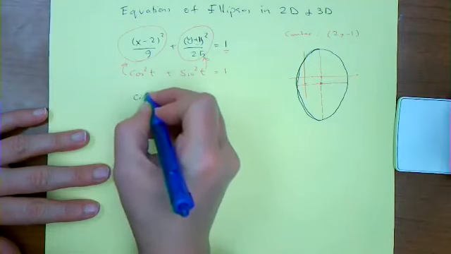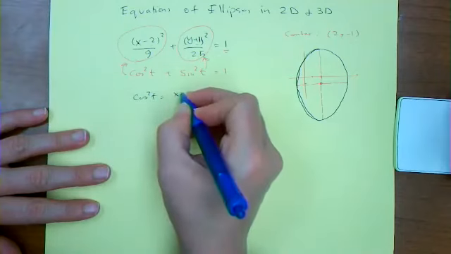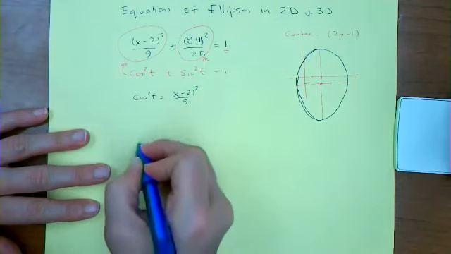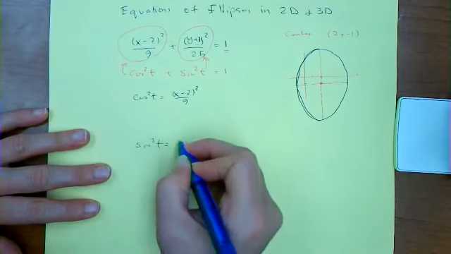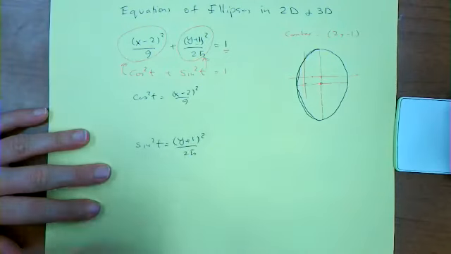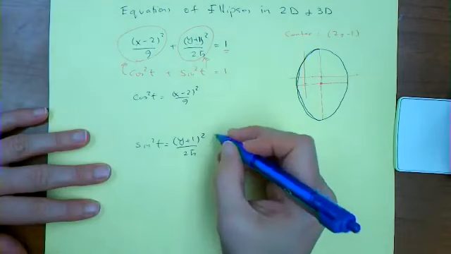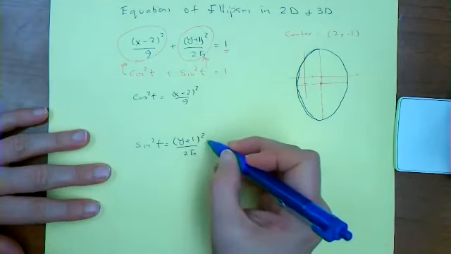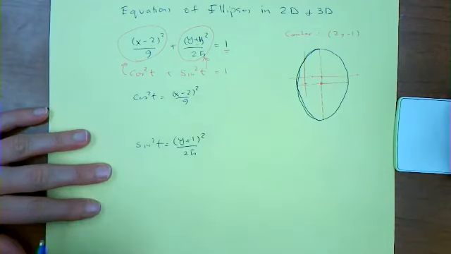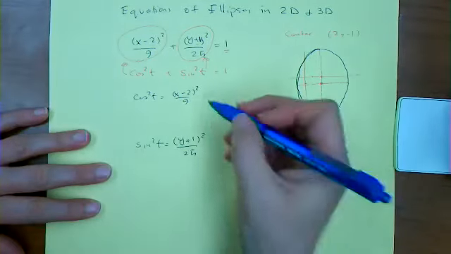Basically, I have to solve from here. Cosine squared t equal to (x - 2)^2 / 9. Sine squared t equal to (y + 1)^2 / 25. From here, I want to solve for x and y because I'm parametrizing for x and y.